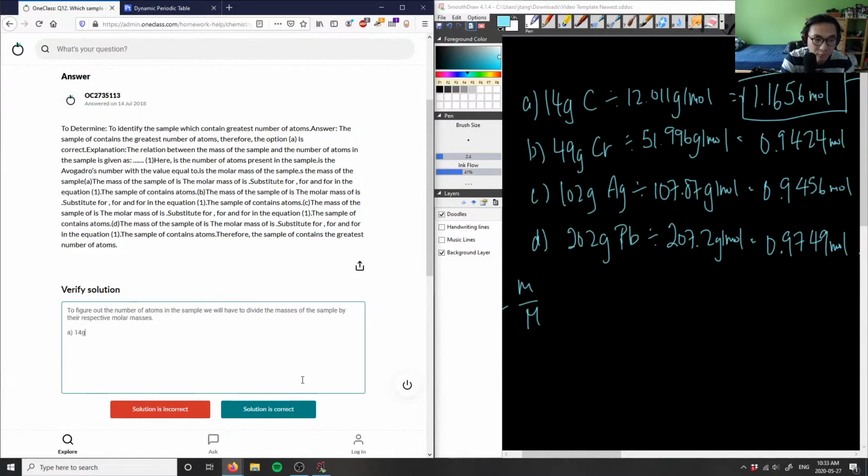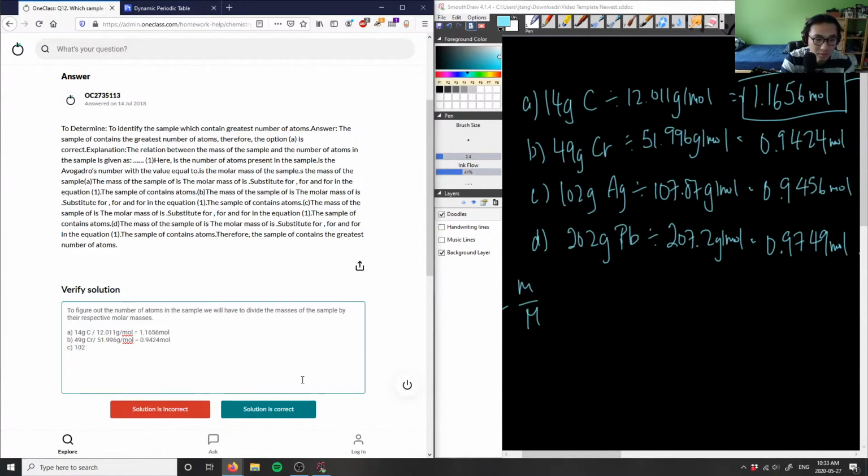So I'm going to have 14 grams of carbon divided by 12.011 grams per mole, which equals 1.1656 moles here. B is 49 grams of Cr divided by 51.996 grams per mole, giving us 0.9424 moles.